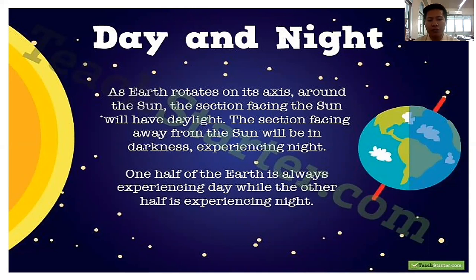One half of the earth is always experiencing day, while the other half is experiencing night. So that's why we have the axis, or the division of the earth. One part of the earth is day, and the other part has night, day and night.